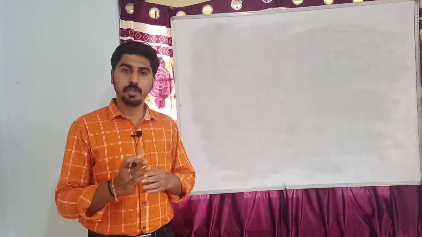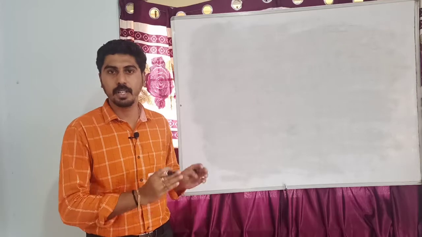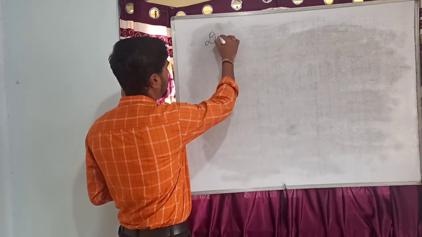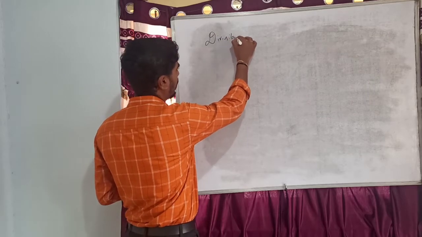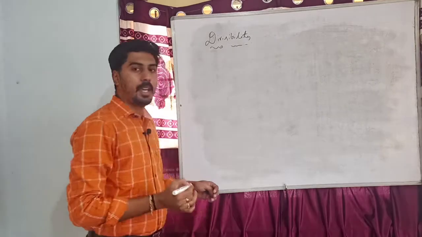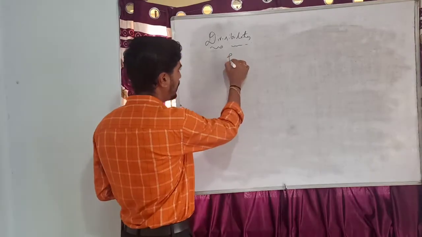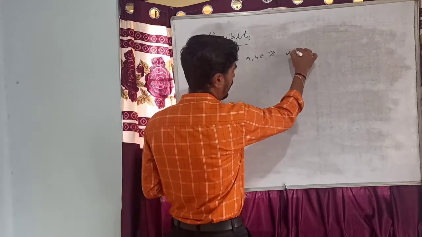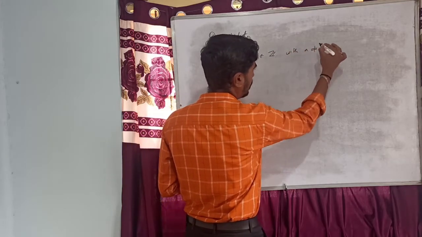Divisibility is one of the most basic concepts in number theory. First, let us define divisibility. Let us consider two integers a and b. Let a, b belong to Z with a not equal to 0.